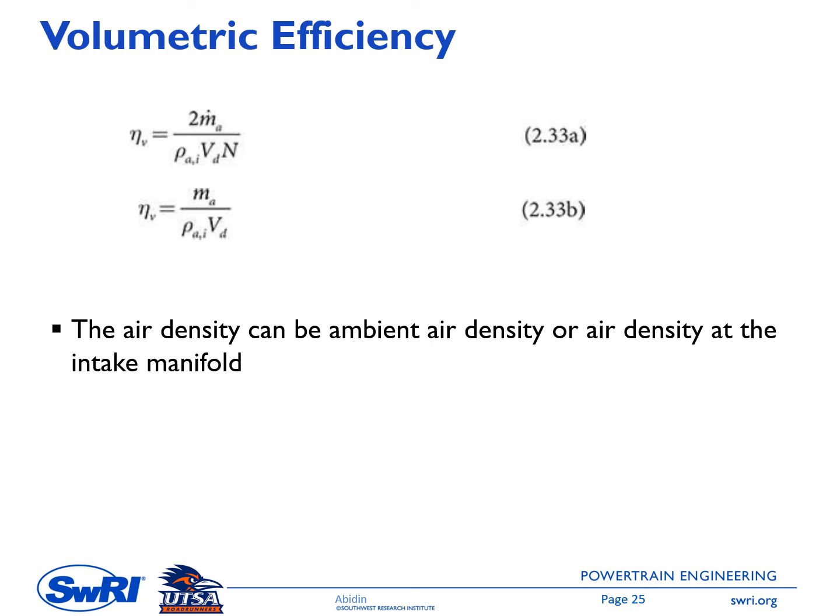Volumetric efficiency here is a function of the air mass flow rate over this parameter, which is the density of the air intake, and then V_d is the swept volume or the displacement of the engine, and here is the engine rotation speed.